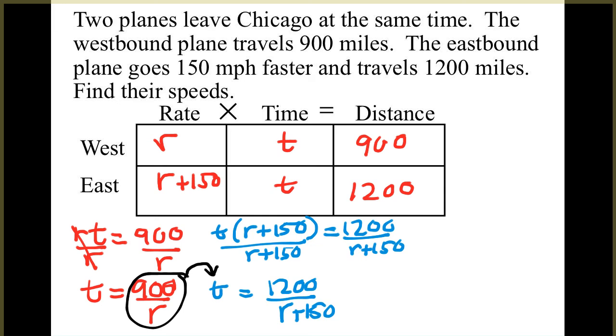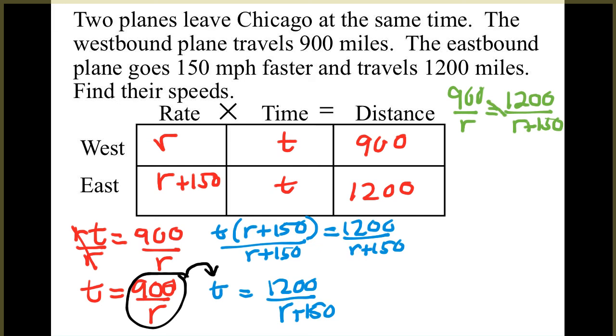And the equation is 900 over r is equal to 1200 over r plus 150.